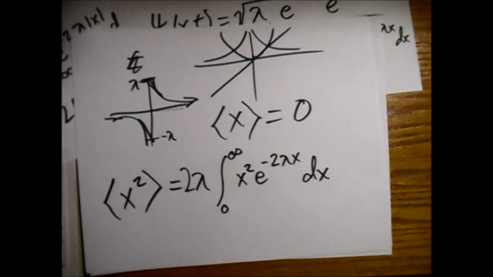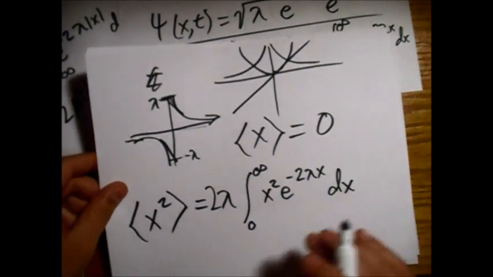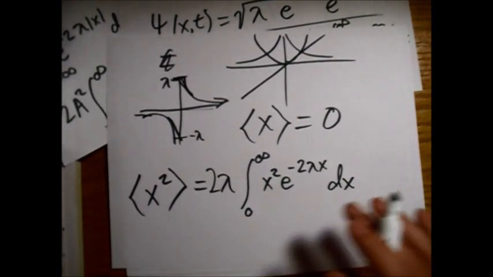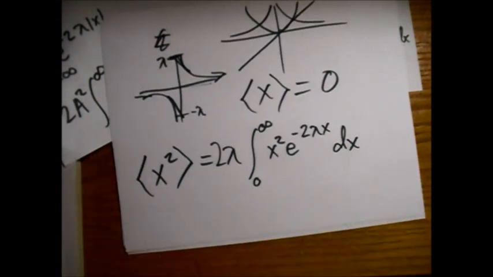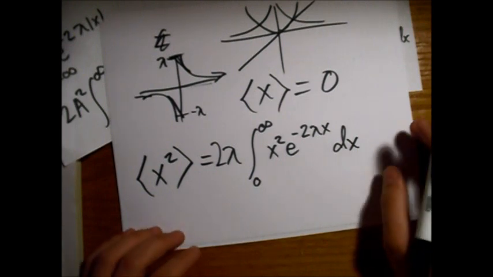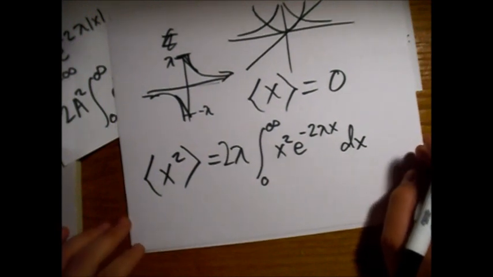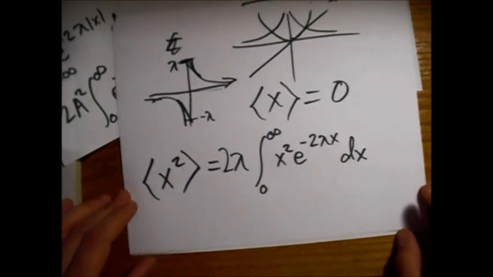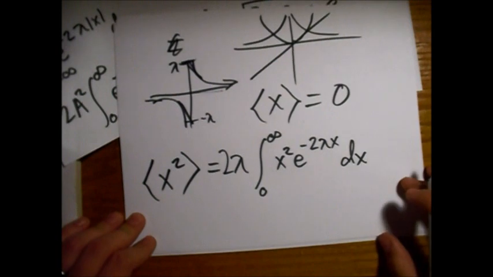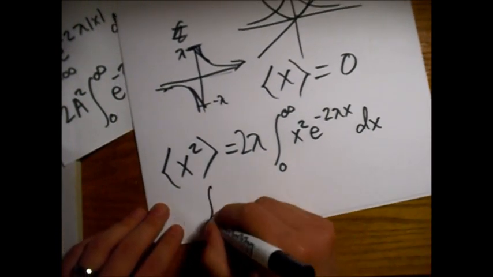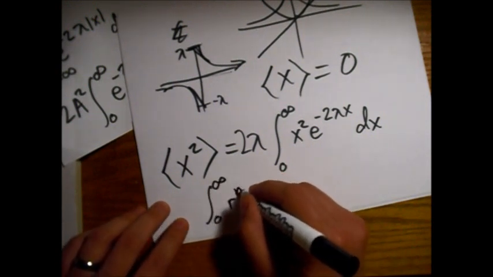So here's what we're looking at now, and you can do this with integration by parts. You get the same answer, but you have to do it twice. It's going to take a little bit of time, but if you look up here, Gaussian integrals, there's a nifty little trick with differentiating underneath the integral, kind of like a Feynman trick, and you can get a nice little formula for this type of integral in general.